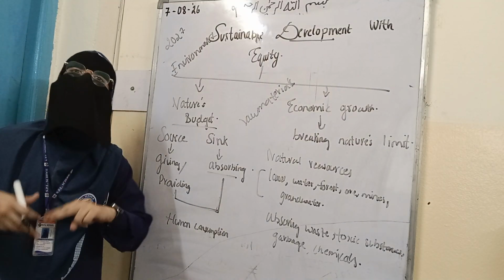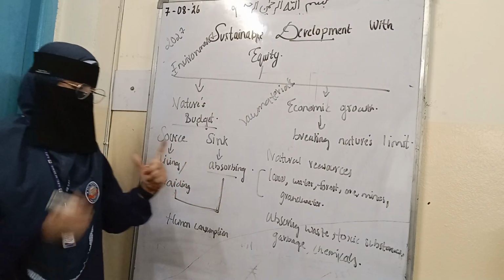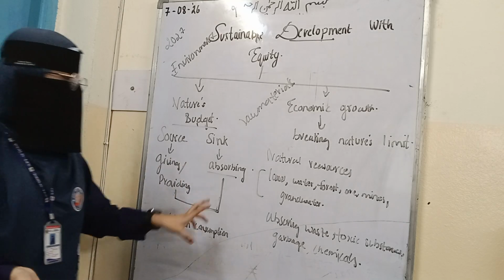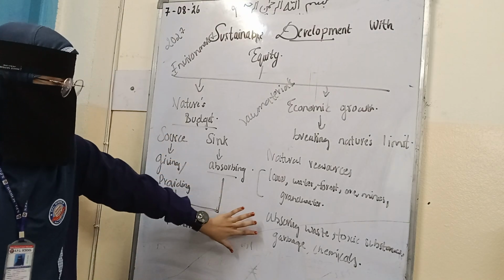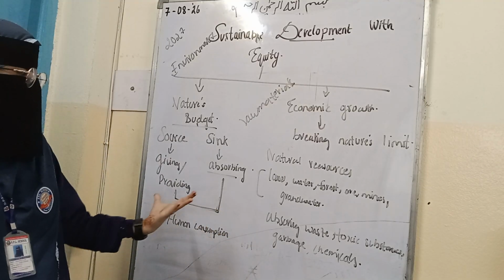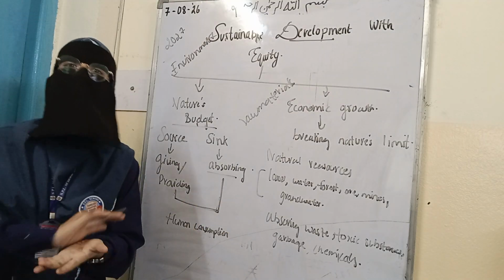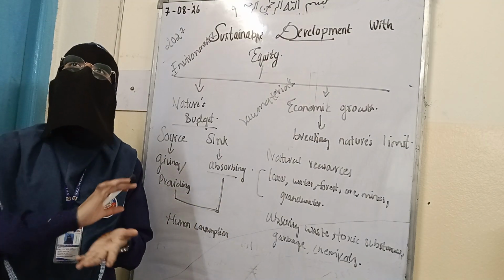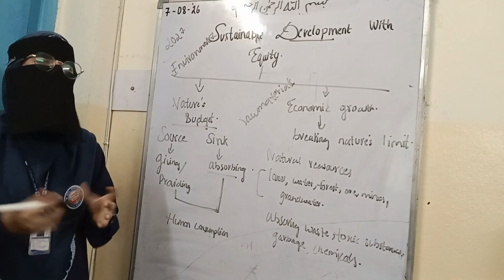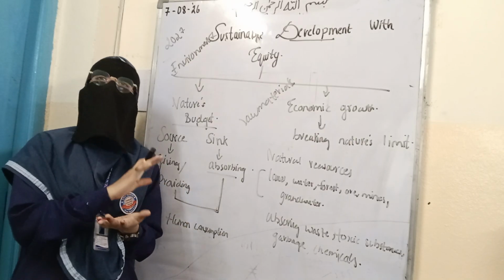It is cleaning itself. But we humans are throwing so much garbage, chemicals and toxic substances on the ground that we are crossing its carrying capacity, the limit of how much it can bear.